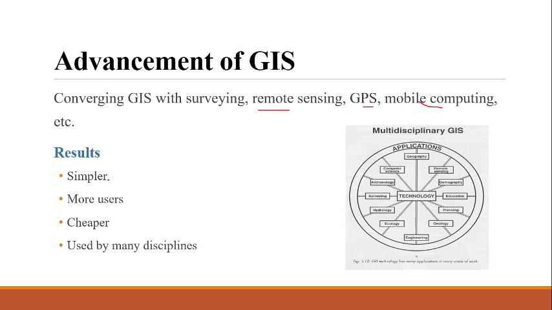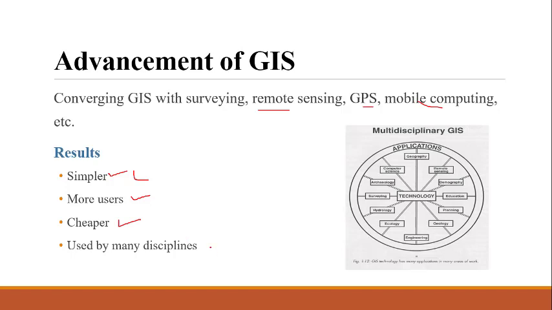The result of this is that it is simpler and easier, and more users can use it, like Google Maps, which is cheap. Everyone can easily use it with the help of a mobile or computer with little or no money. Sometimes the prices might be too high.